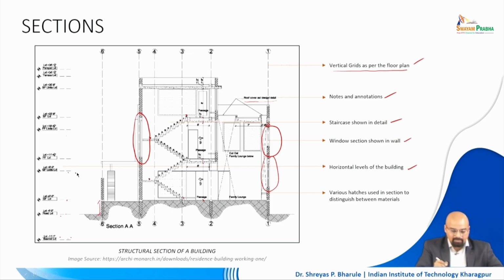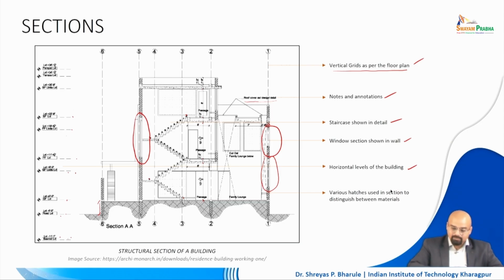And then you have the first level which is here, then you have the finished floor level, the first floor level. Then you have the first floor lintel level which is here, then you have the second floor level, and so forth. So you have all the horizontal levels of the building.